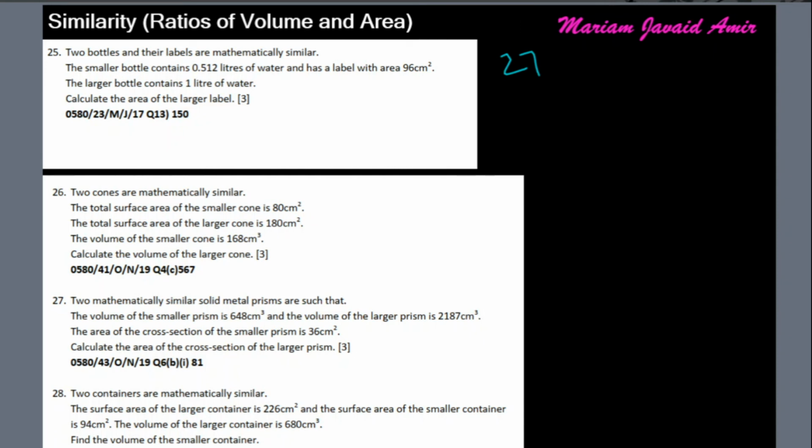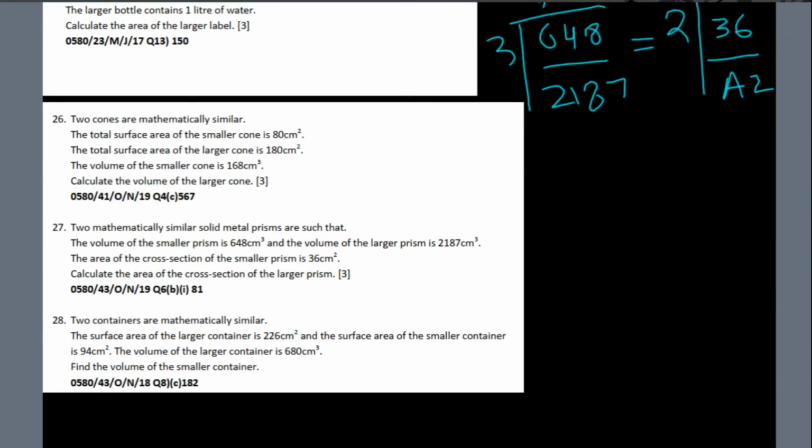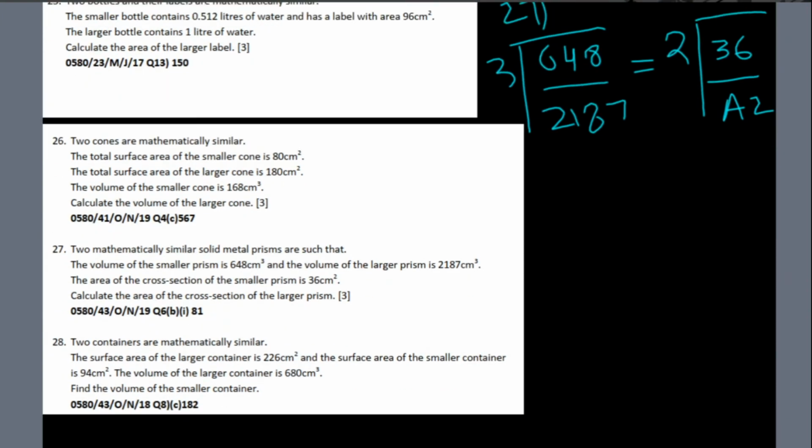So I'm just going to make the formula. 648 is V1 over 2187 is V2. We take cube root over here equals square root of A1 over A2, which is 36 over A2. Solve this yourself to get the value of A2. Never mind, I'll just solve it.